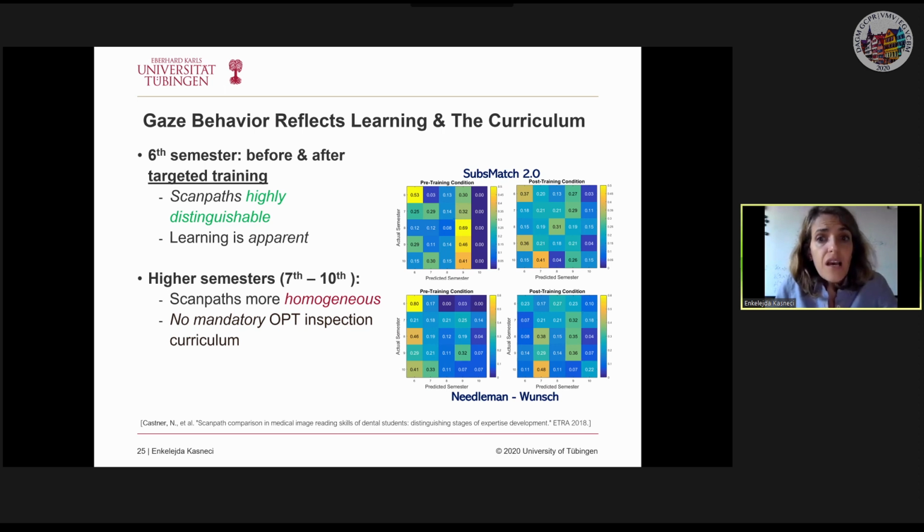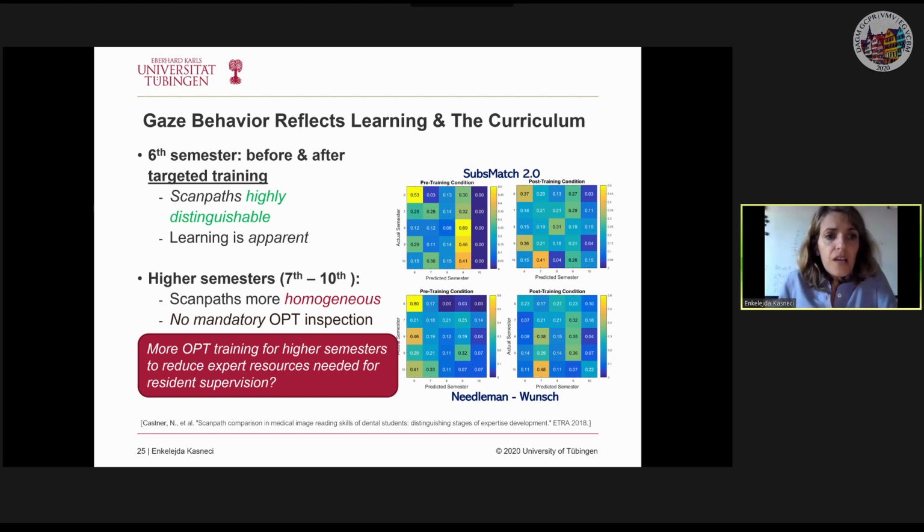So there is apparent learning happening there. And we also observe that the scan paths are more homogeneous after people have had this extensive training. So the scan paths become more similar.